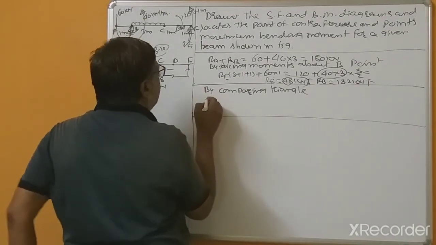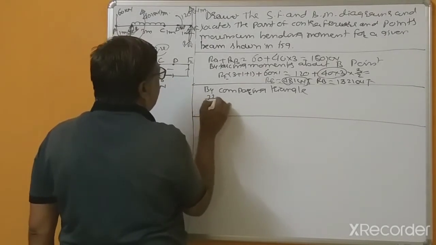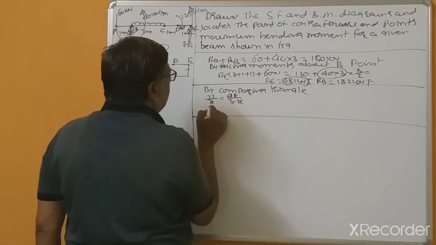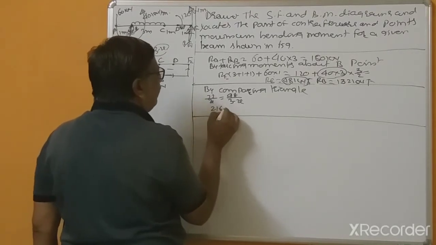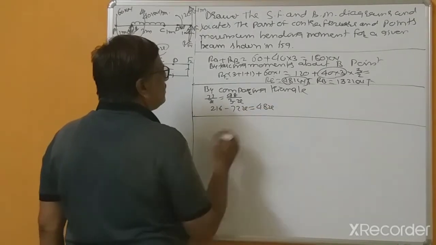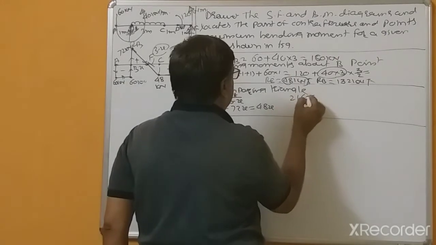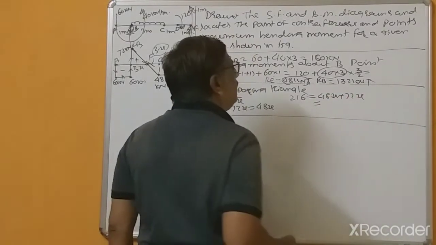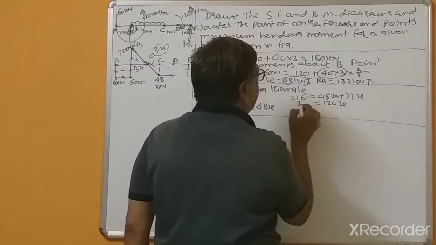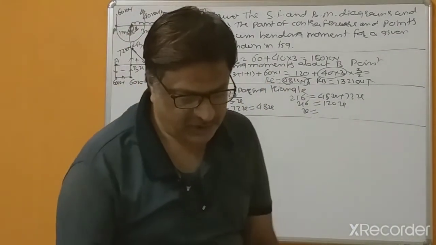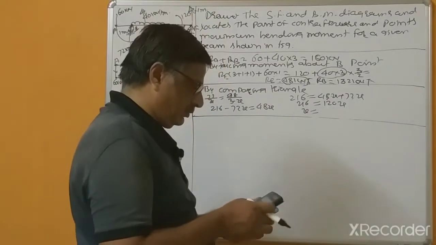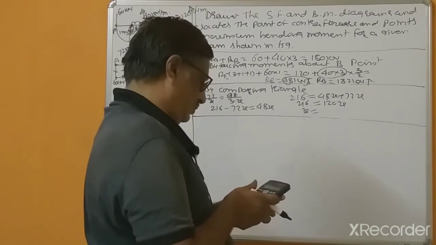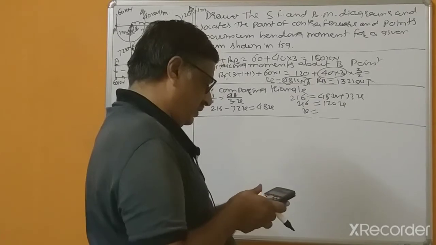So you can consider 72 divided by X equal to 48 divided by 3 minus X. 72 into 3 means 216, 72X equal to 48X, 216, 48 plus 72 X, 120 X equal to 216, X equal to 216 divided by 120, 1.8 meter.